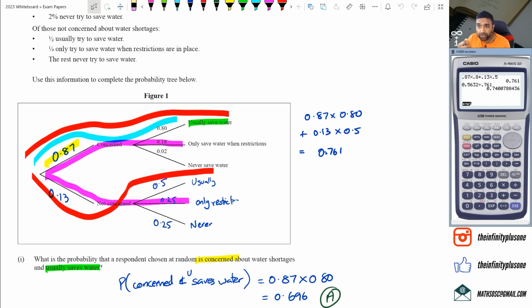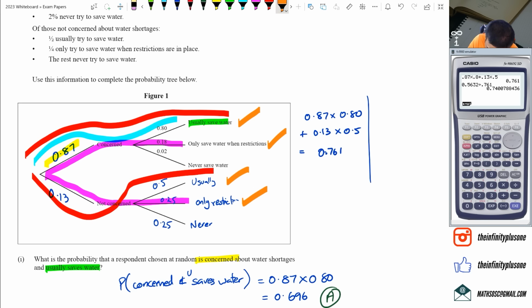Now there is another alternate solution as well. Now you might actually say that when we think about saving water, the red line that I actually marked was only usually save water, but your other alternate version is you might say, well, this person here saves water, this one also saves water, and then this one saves water, this one also saves water.